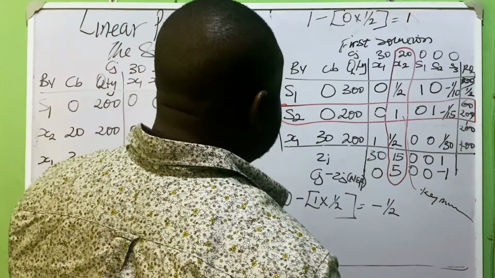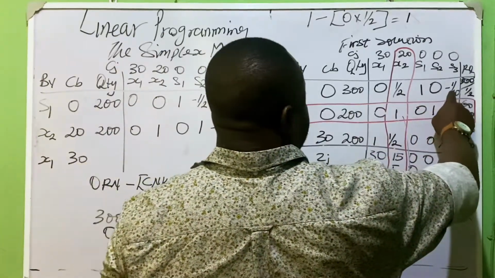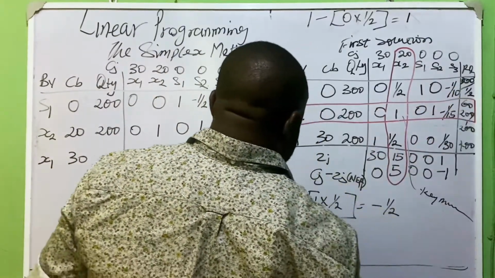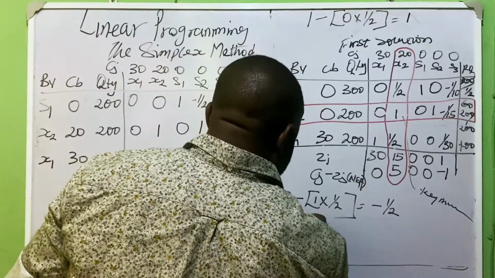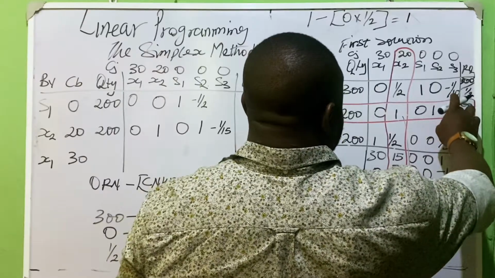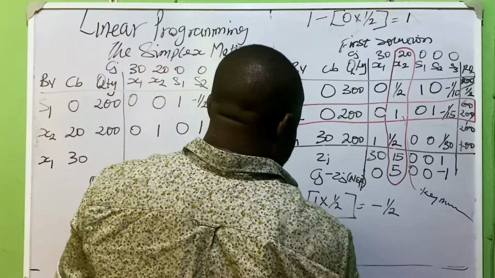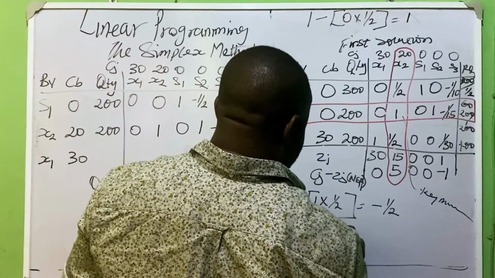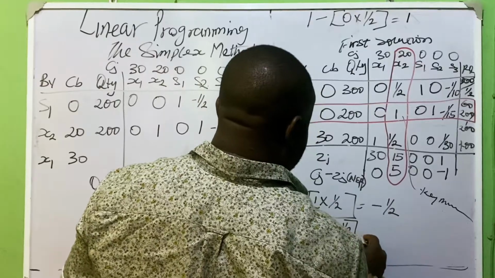So the last on that row will be to transform minus 1 over 10, which I have minus 1 over 10 minus the corresponding value. The corresponding value is minus 1 over 15. This minus 1 over 15 multiplied by the fixed ratio, which is 1 over 2.